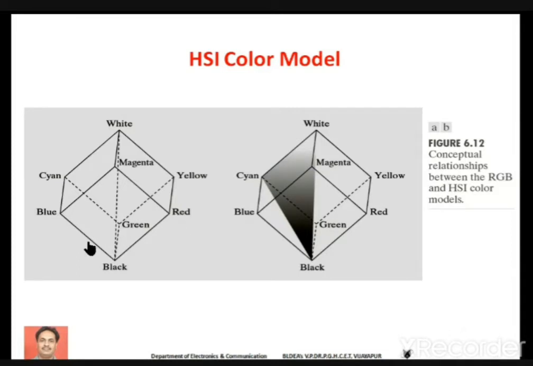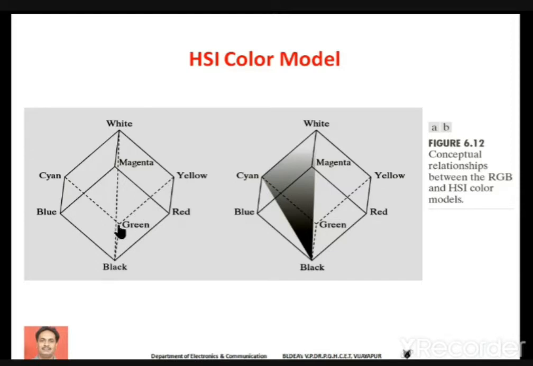Just consider these axes: this is blue, this is red, and this is green. Once you are able to identify the primary color points R, G, B, you can easily find the other points. We have already seen that by mixing red and green, we get yellow. That's why I will designate this point as yellow.